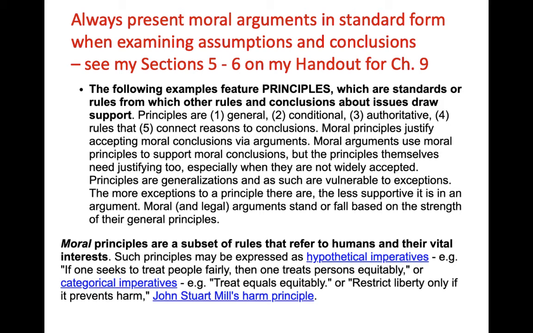Another principle would be one from John Stuart Mill. It's to restrict liberty only if it prevents harm. And so this is a rule for allowing people as much liberty as does not harm other people. Okay. So we wouldn't restrict people's speech simply because it offends other people, right?